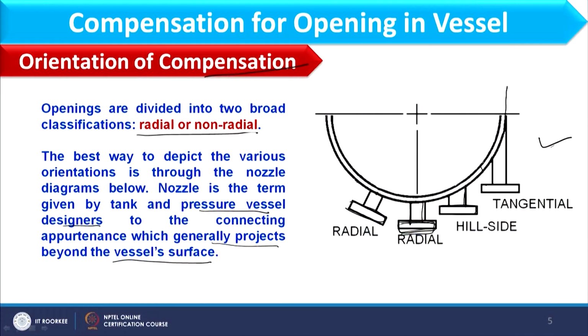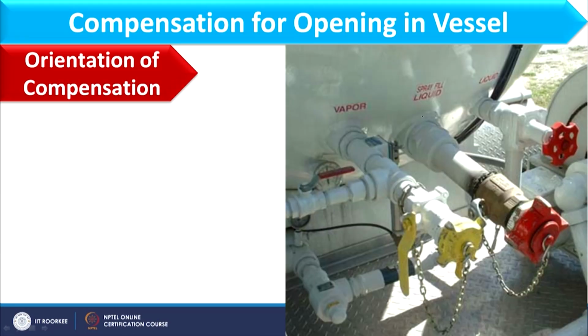So, when I have a tangential nozzle, accordingly I have to make the opening. As you can see from this image, we have different orientations of nozzle, and these are basically hillside, and these are the compensation. Compensation will be provided according to the nozzle placed. So, these are different orientations of nozzle, and we can also call them different orientations of compensation.